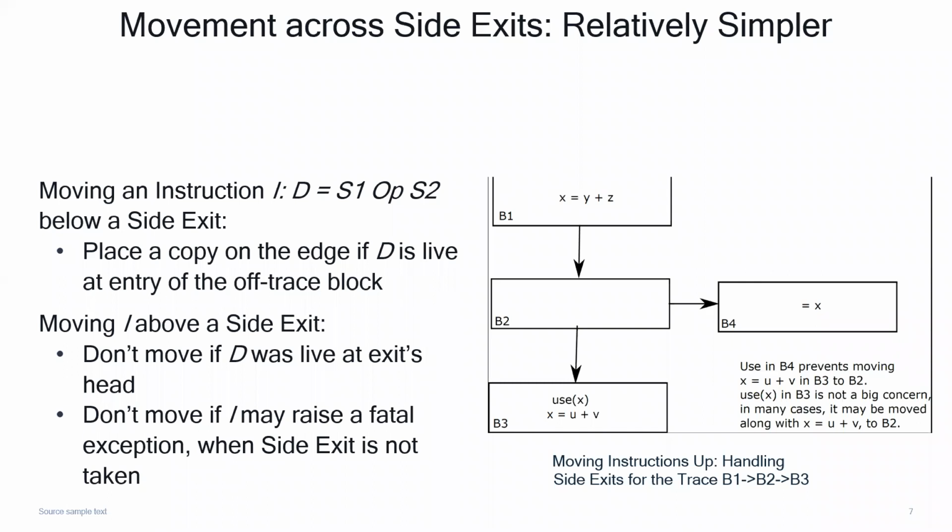When x is not live in at B4, is it okay to move this to B3? Yeah, I guess so. If x was not live in at B4, then we wouldn't have this use of x at the beginning of B4. Or there is a redefinition of x without using it. In that case also we can move this.